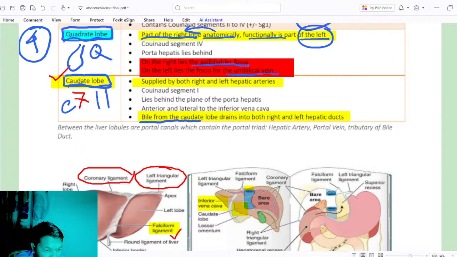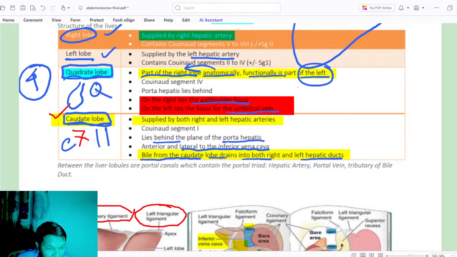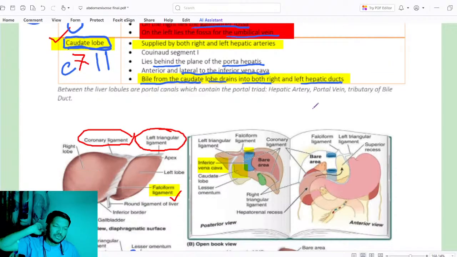Bile from the caudate lobe drains into the right and left hepatic ducts. It lies anterior and lateral to the inferior vena cava, behind the plane of the porta hepatis. Try to remember the maximum. They make one question with multiple stems, giving a confusing stem like caudate lobe functionally represents the left lobe, so read this to keep your concept clear.